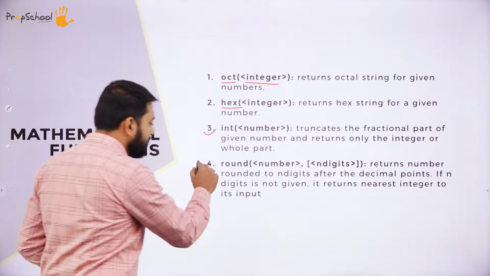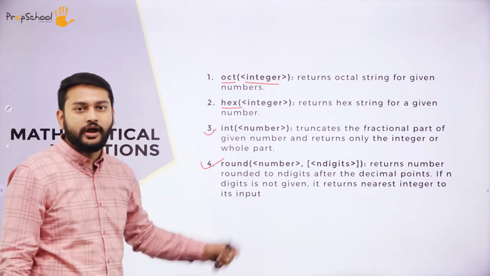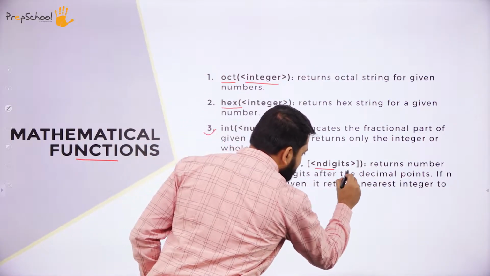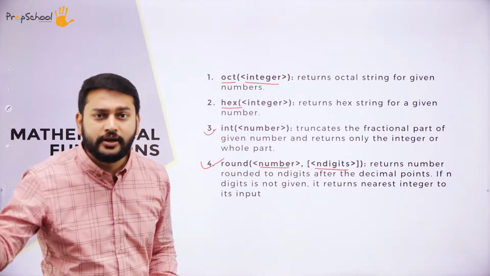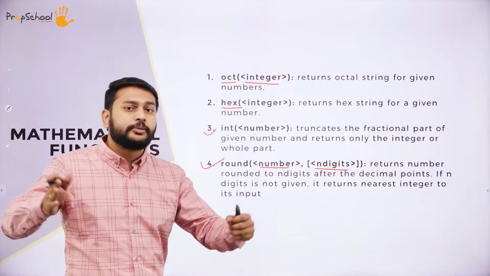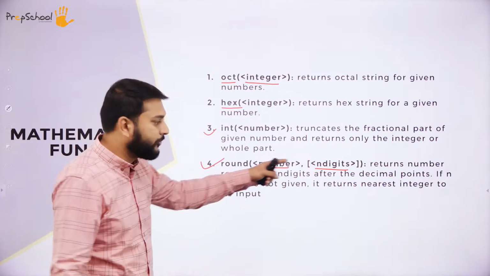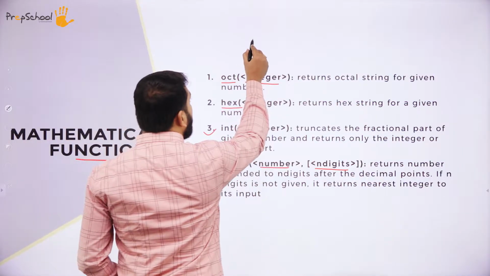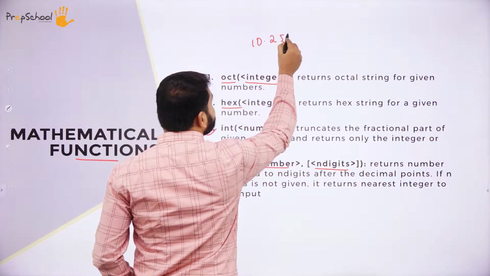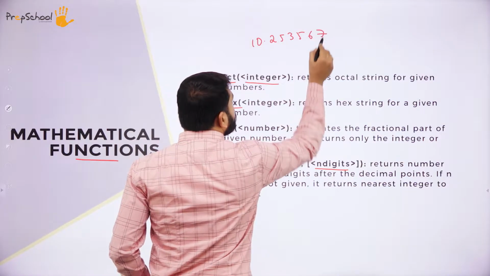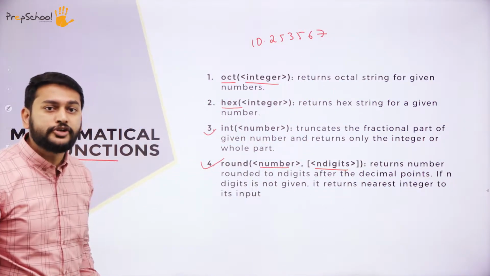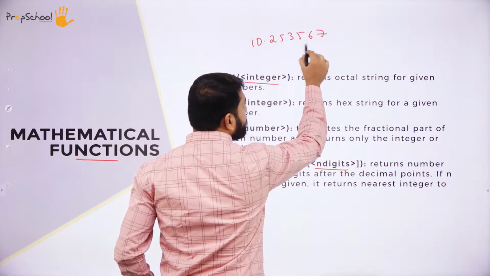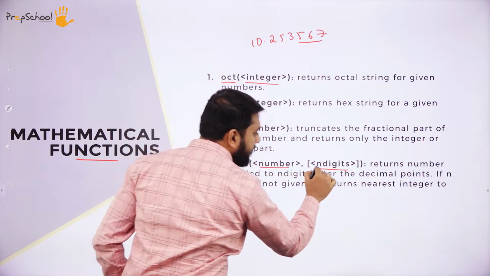The next function is round. Please observe here, I have the number and I have n digits. Suppose I have a floating point number, and I should round up some of the values. How many values should you round up? That you specify in n digits.